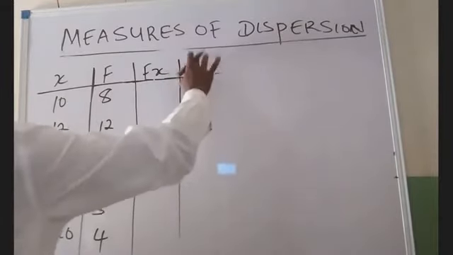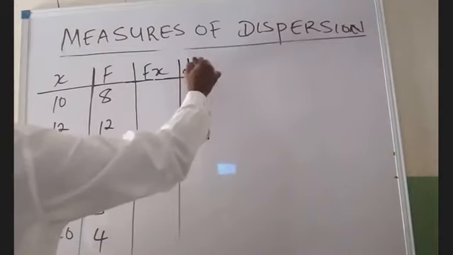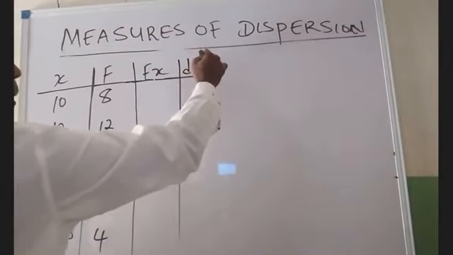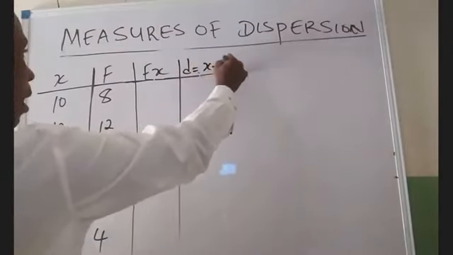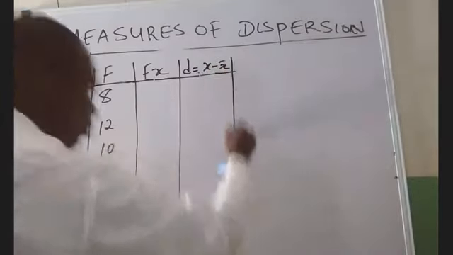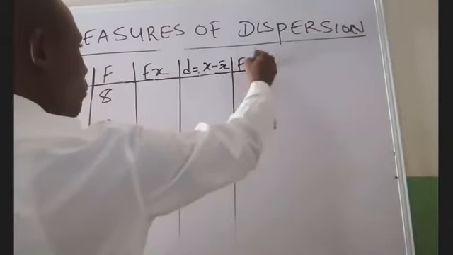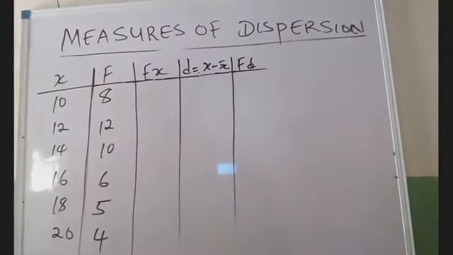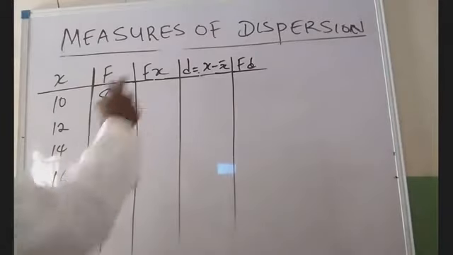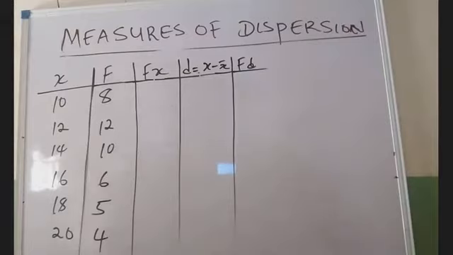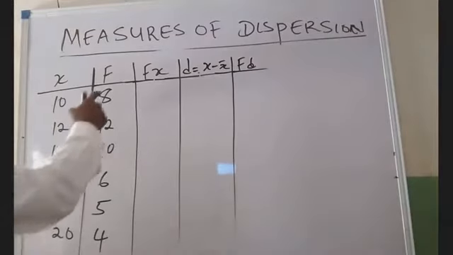Deviation is equal to x minus x bar. Then after that, you find fd. We have to neglect the negative sign there.